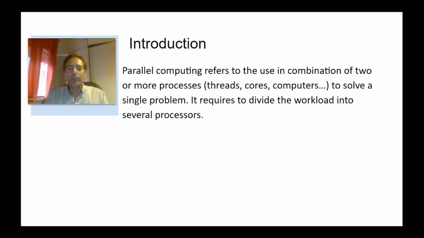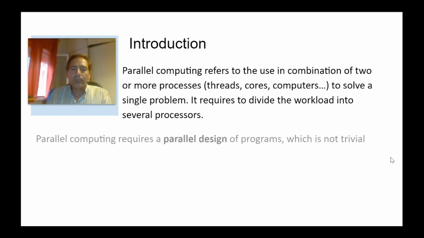Parallel computing refers to the use in combination of two or more processes, which can be threads, cores, or computers, to solve a single problem. It requires dividing the workload among several processors. Parallel computing requires a parallel design of programs, which is not always trivial from the point of view of the programmer.